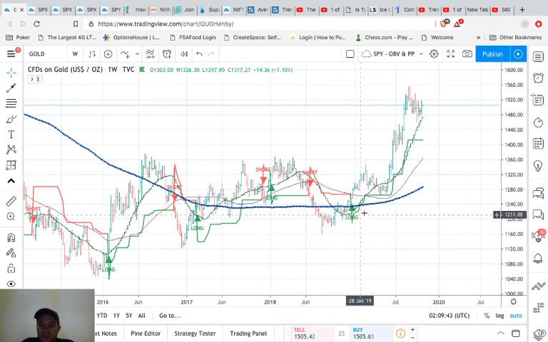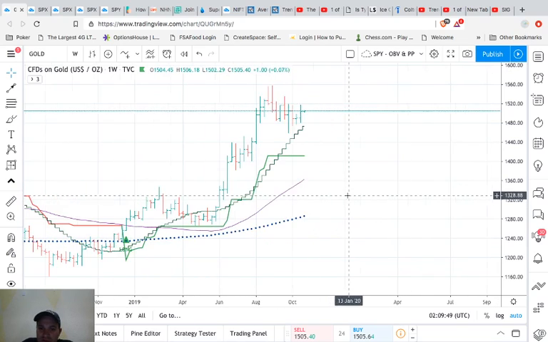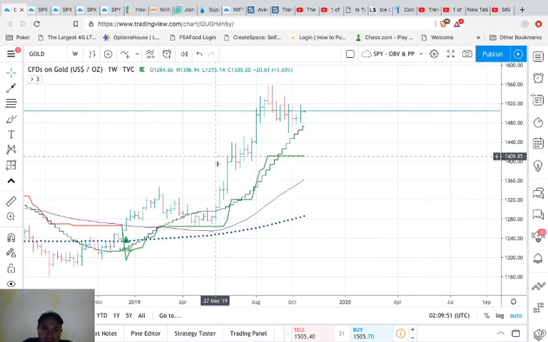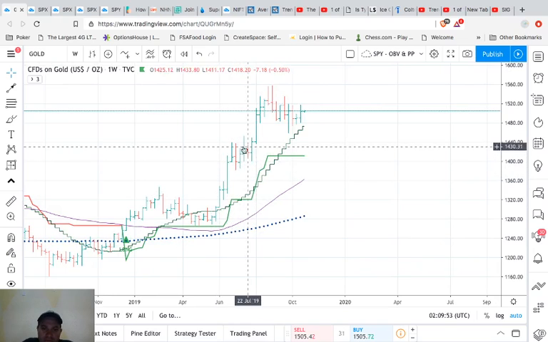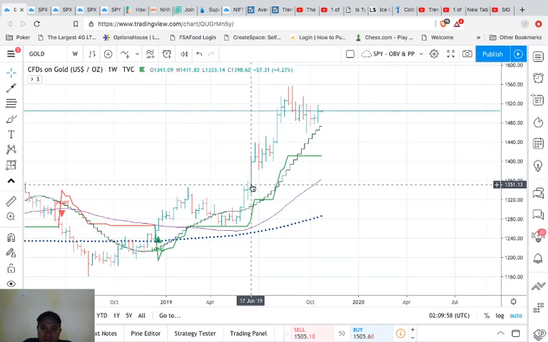But you can see here on the weekly, it actually caught this, which I caught by use of other indicators. But the difference was I got out in here, and it dictated that this was just a pullback.